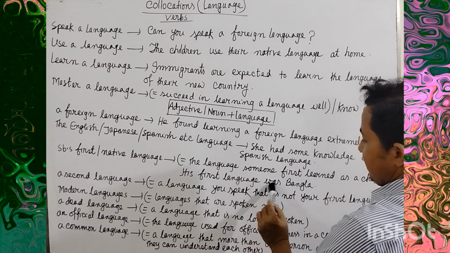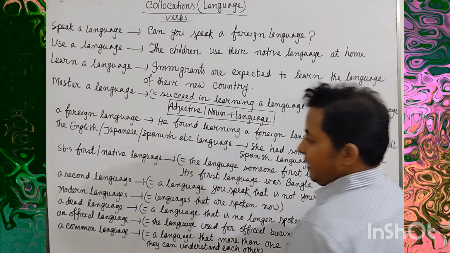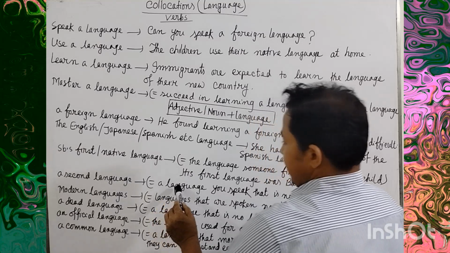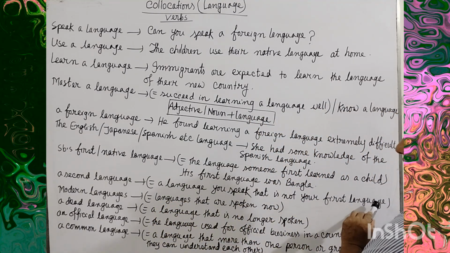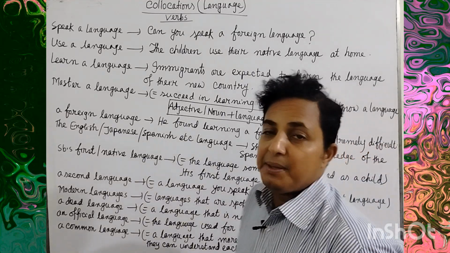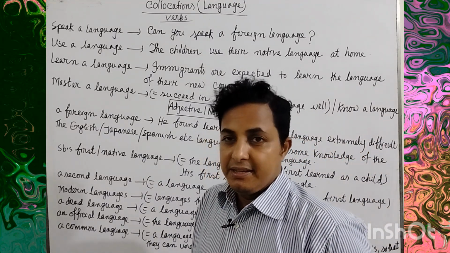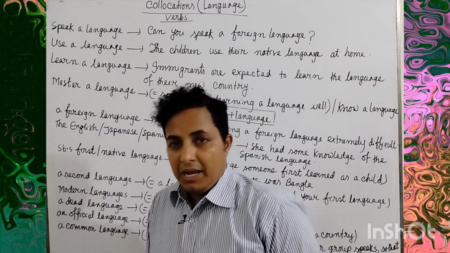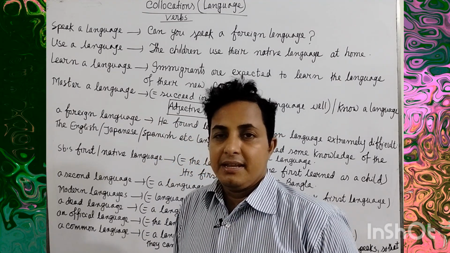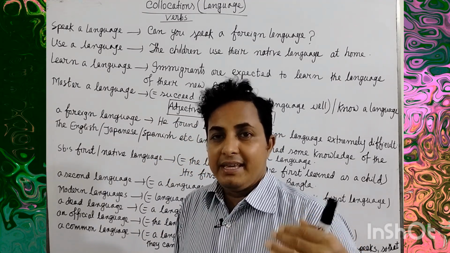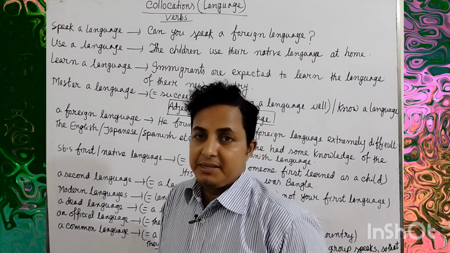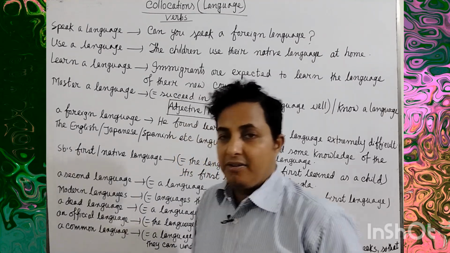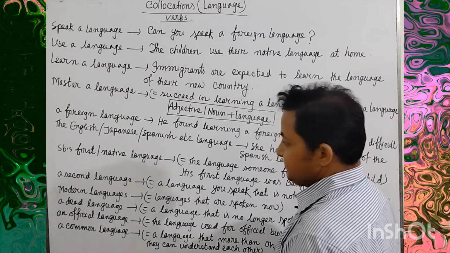His first language was Bangla. A second language is a language you speak that is not your first language. First language means mother tongue. Mother tongue means the language every child first hears from his or her mother. That language is called mother tongue or first language.